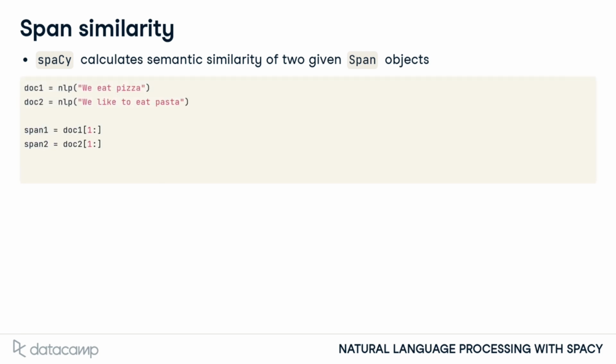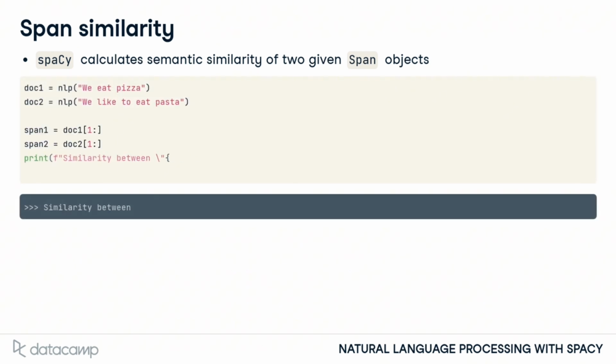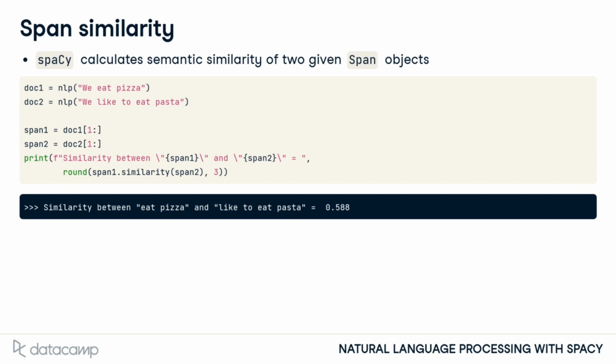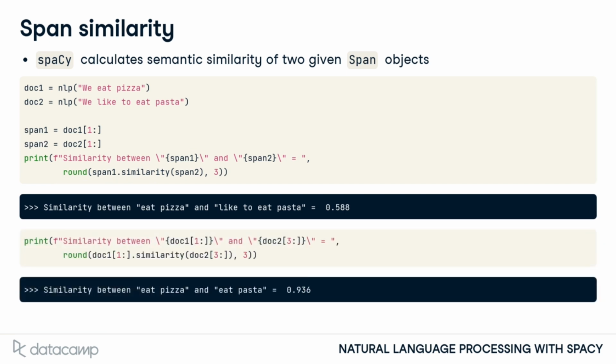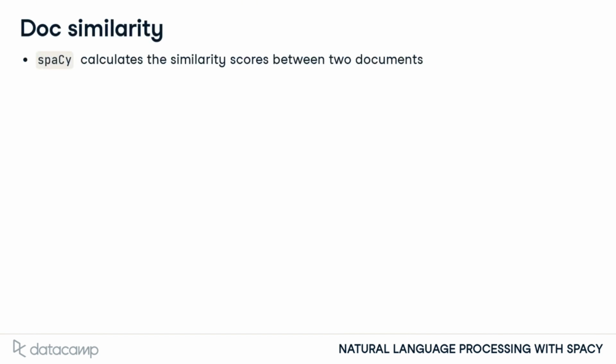We can see the span objects of eat pizza and eat pasta have a much higher cosine similarity score of 0.936 and hence are a lot more similar compared to eat pizza and like to eat pasta spans with similarity score of 0.588.